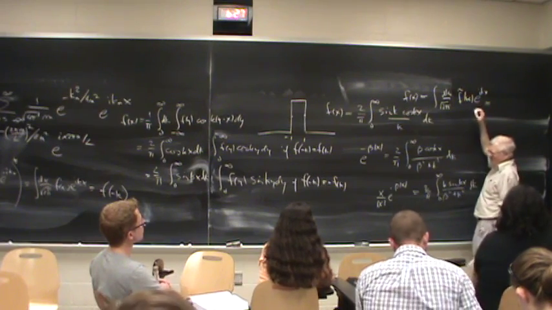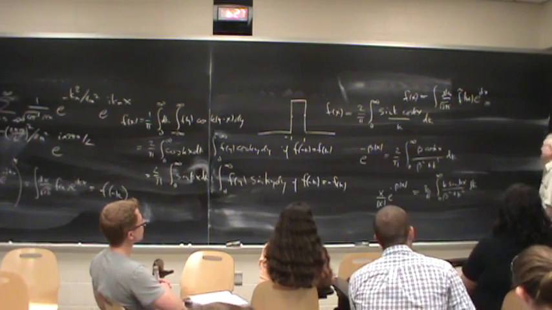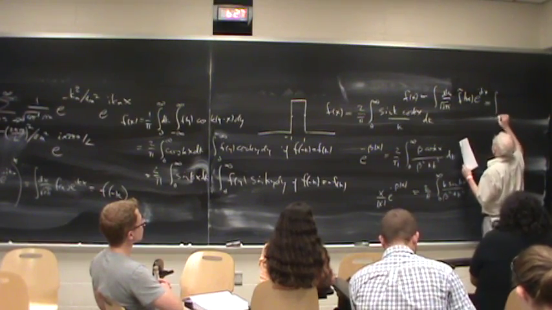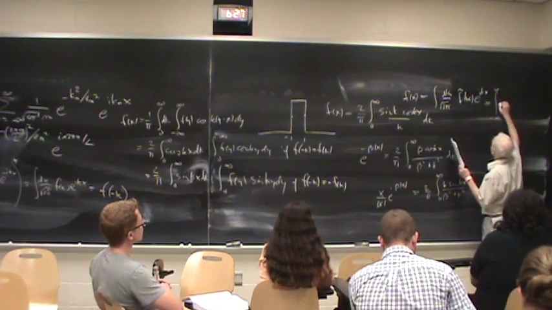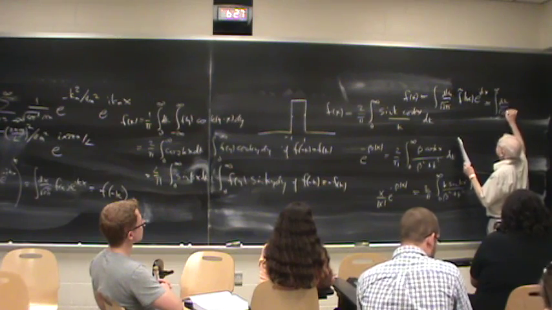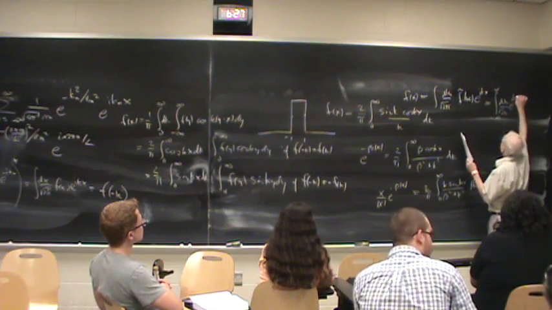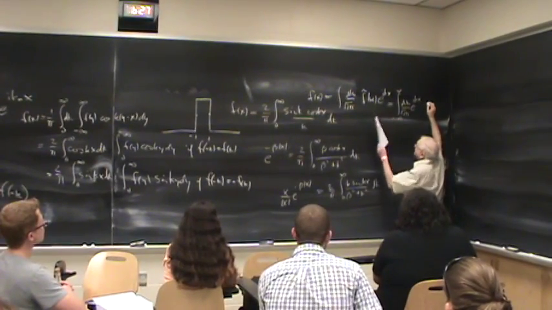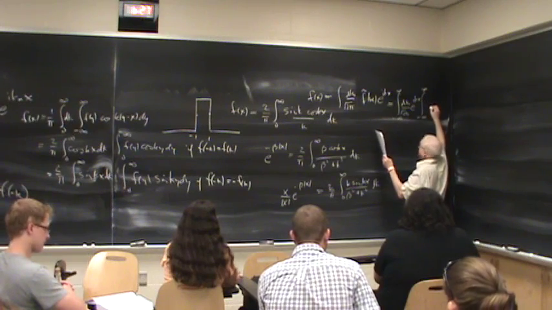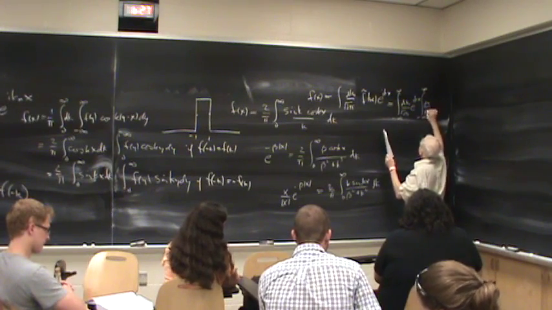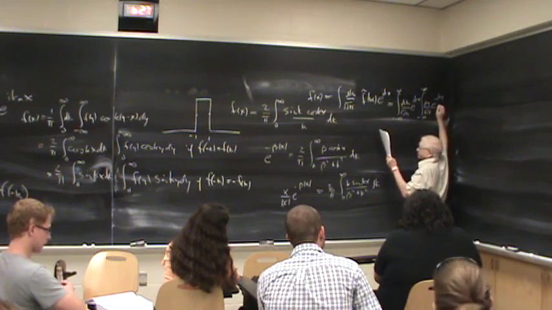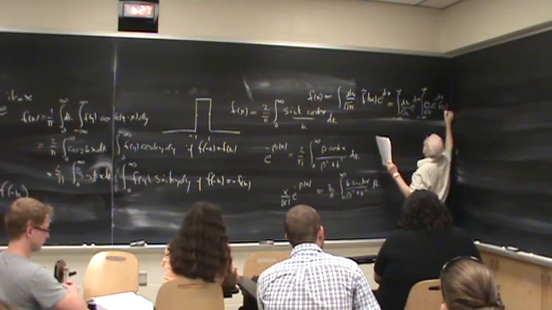So we have the integral from minus infinity to plus infinity dk over root 2 pi e to the i kx, and then f tilde of k we write as the integral from minus infinity to plus infinity dy over root 2 pi e to the minus i k y f of y.